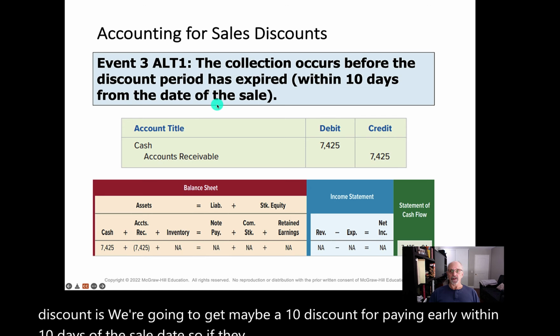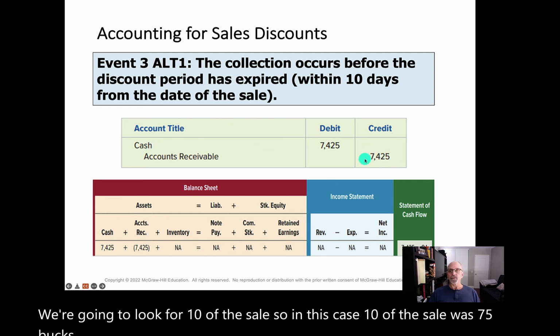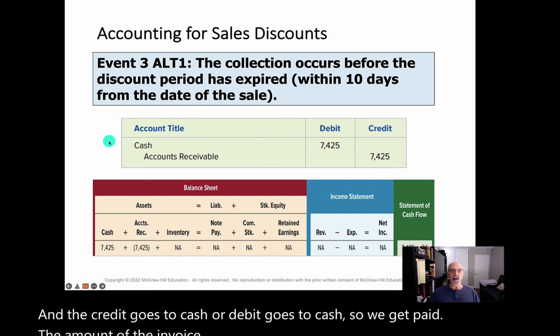So if they take that discount, we're going to look for 10% of the sale. So in this case, 10% of the sale was $75. So the receivable is now $7,425. And the debit goes to cash. So we get paid. The amount of the invoice was $7,500 less the discount, so $7,425.